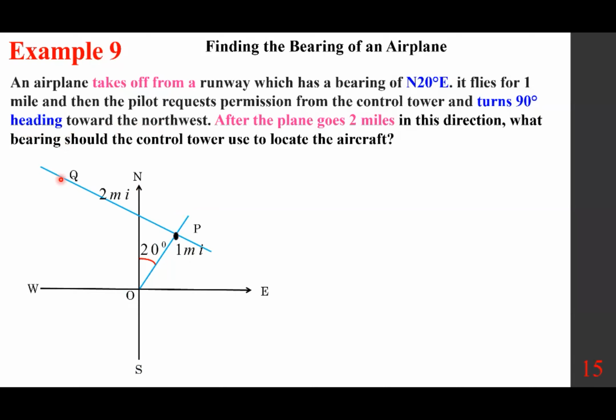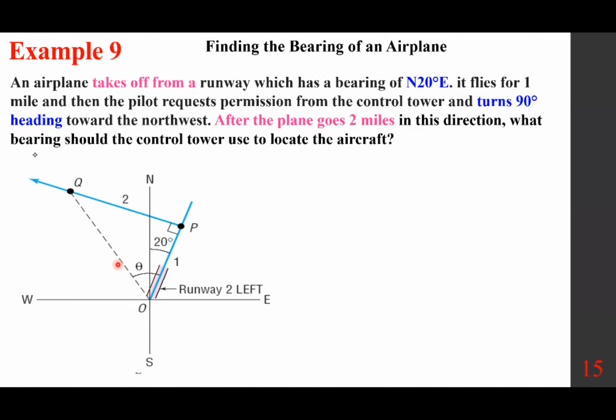Okay, so when you make a 90-degree angle here, you can go either way. It is telling you which side. And we're going to go for how long? 2 miles. So this way 1 mile, this way 2 miles, this is a 90-degree angle, this is a 20-degree angle. So we are going to connect this point, we call it OQ. So from O to Q, we want the bearing, right?